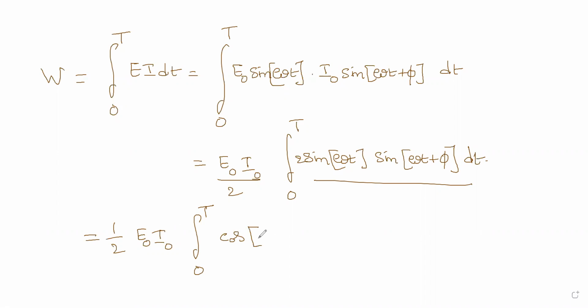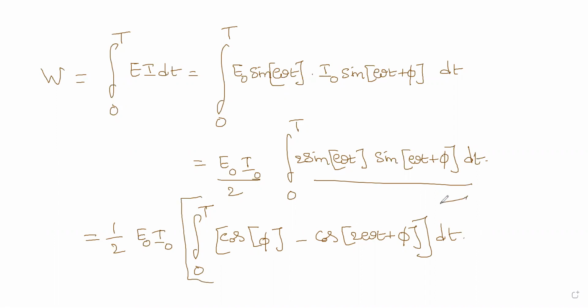The a minus b part becomes cos phi, and the a plus b part becomes cos of 2 omega t plus phi, since cos of a minus b minus cos of a plus b is 2 sine a sine b. So from that formula I have written this straight away. This is dt. So please note up to this point. Then we put a bracket over the entire thing.